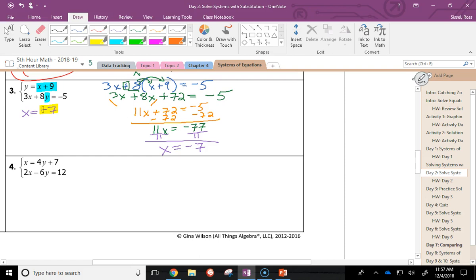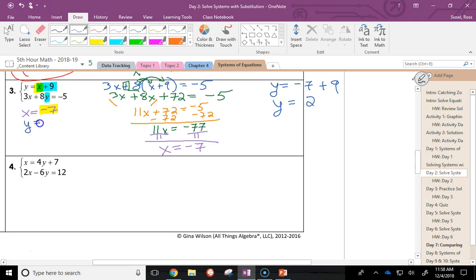Yeah, let's go to the first one. That's the easier equation. Y equals x plus 9, or 3x plus 8y equals negative 5. Obviously, the first one's easier. I'm going to put that negative 7 in for x. Y equals x, negative 7, plus 9. Negative 7 plus 9 is 2.